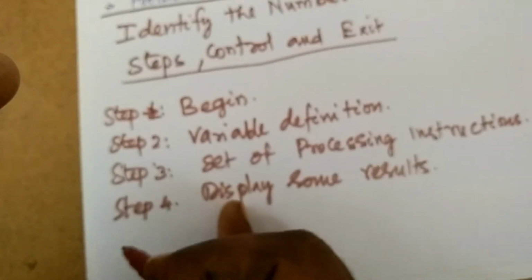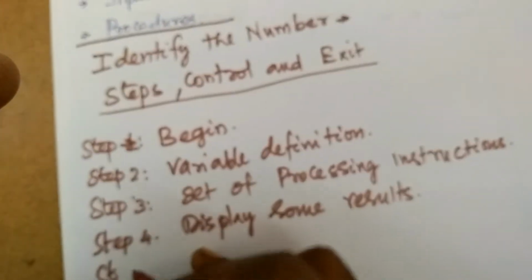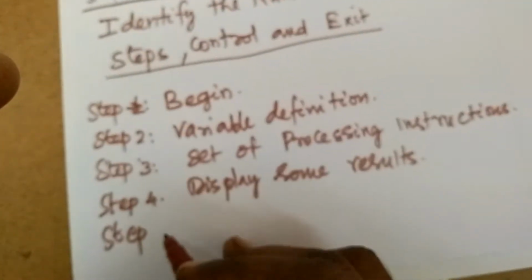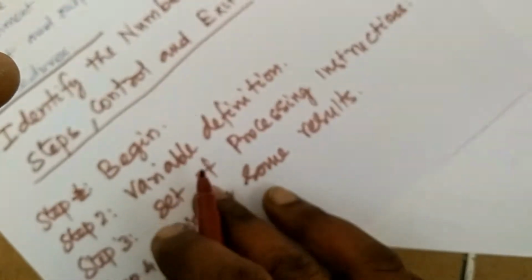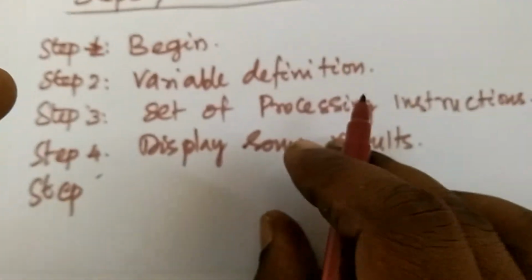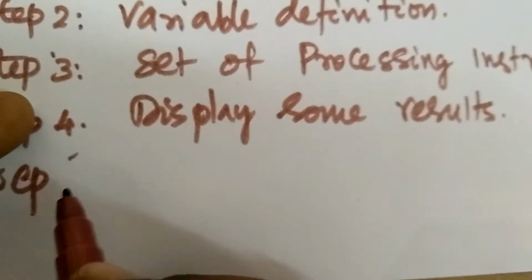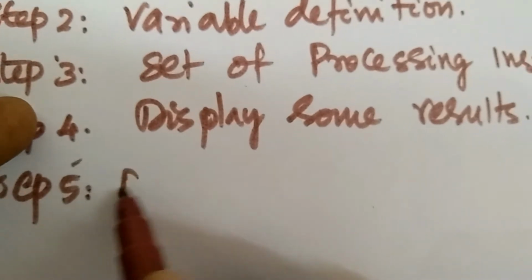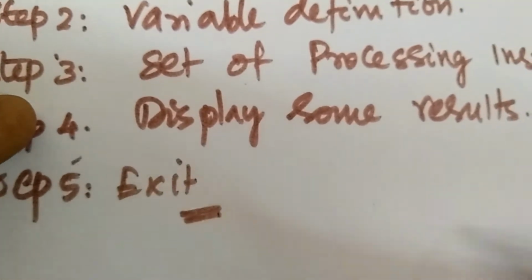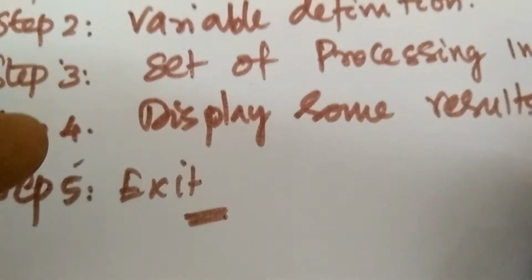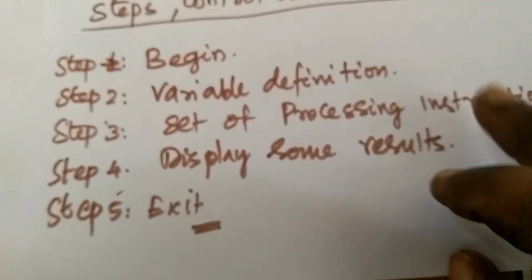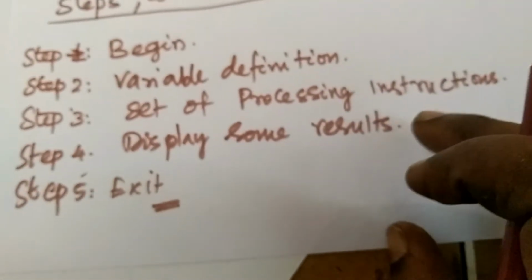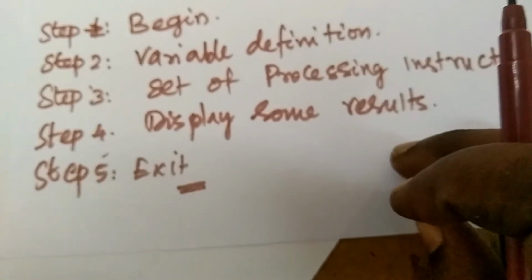Step number 5 is exit. So here: begin, variable definition, set of processing instructions, display some results, then exit.